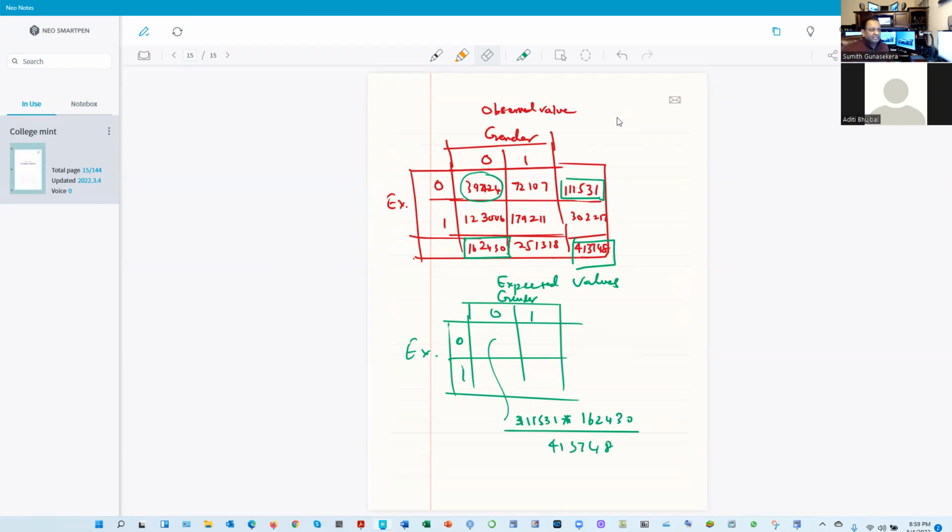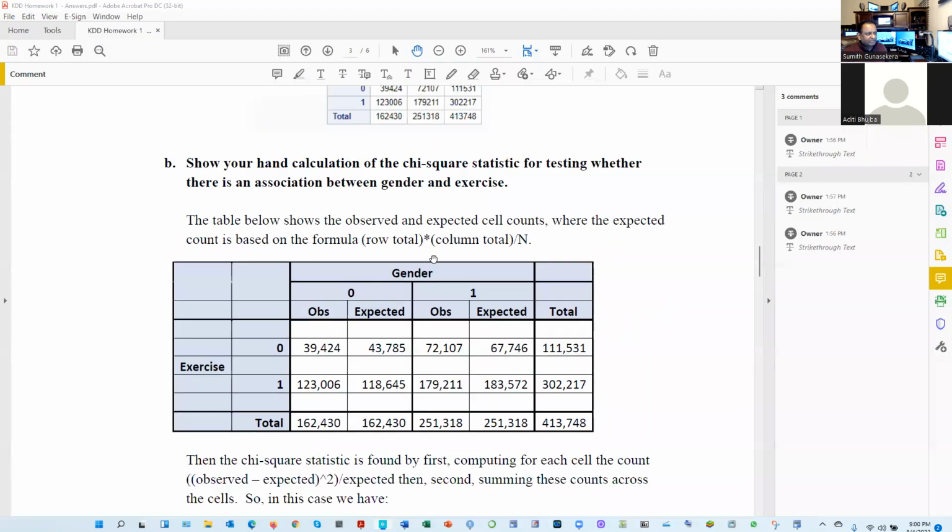You do the same thing for each cell: get its corresponding row total times its column total, multiply them together and divide by the grand total. That's how you get these numbers.